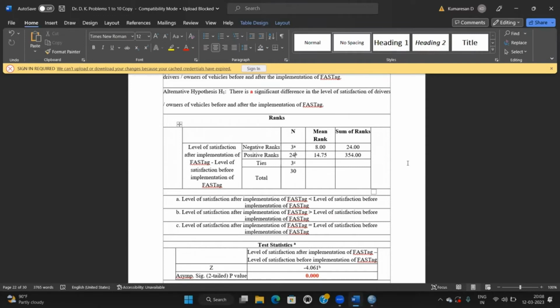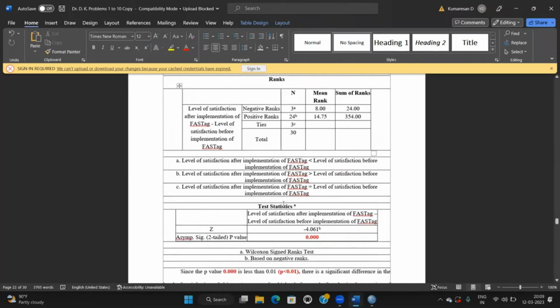Not only that, the very purpose of implementation of FASTag is to reduce the consumption of time, reduce the waiting time in the toll plaza. So it is obviously proved, because out of 30 drivers, 24 drivers said their satisfaction level increased after implementation of FASTag.